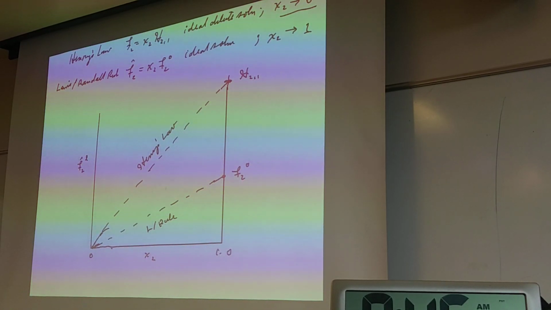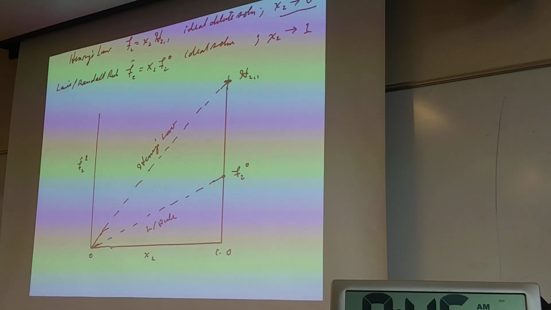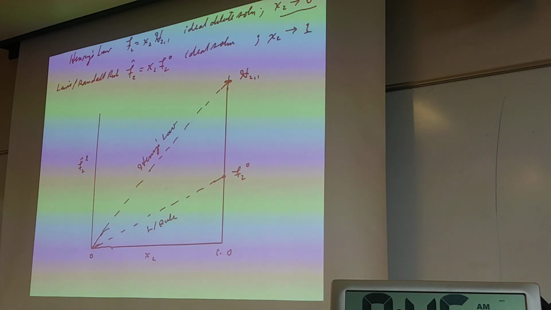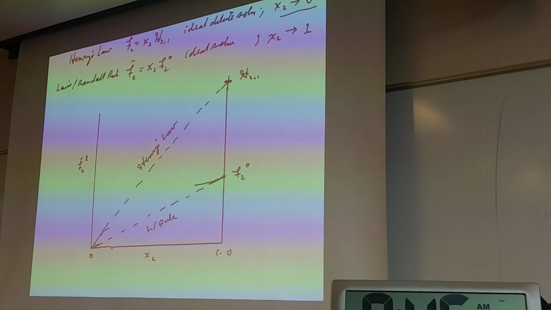That's my pure component fugacity. It's interesting that this Lewis and Randall rule is being obeyed as x2 goes to 1. So if I were to plot from this end, it's going to look something like this. In other words, this is going to merge with that as I get to a near unit mole fraction for my so-called solute component.